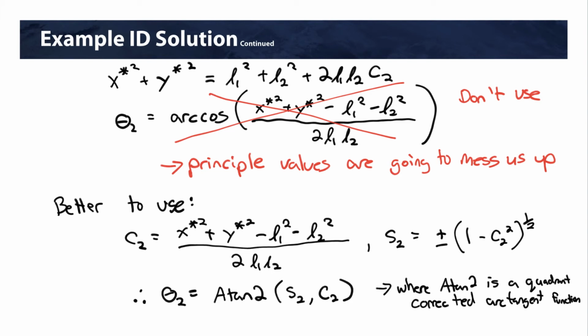And one thing to note about this solution: because we have a plus minus here, there are actually two solutions for theta 2. So it's good to make a note of that when you do these solutions. Two solutions exist.